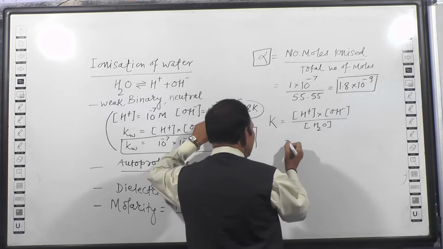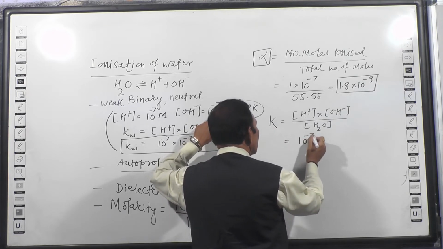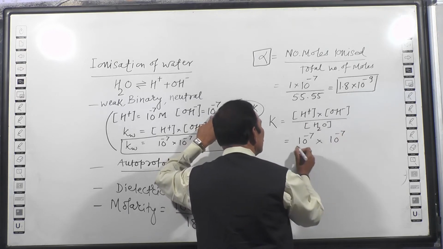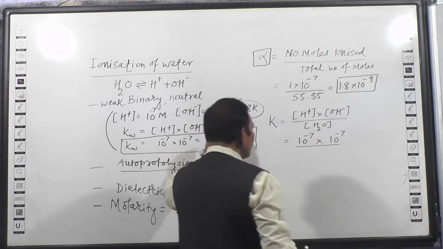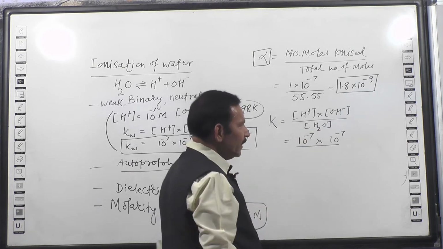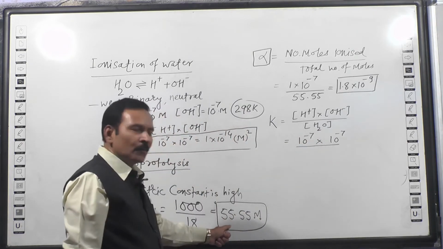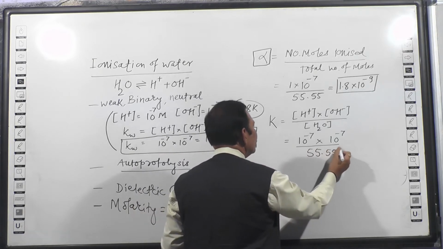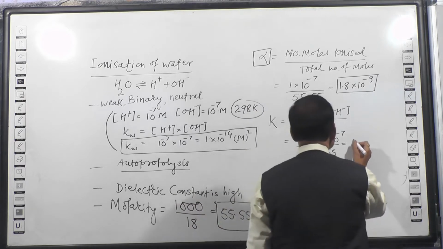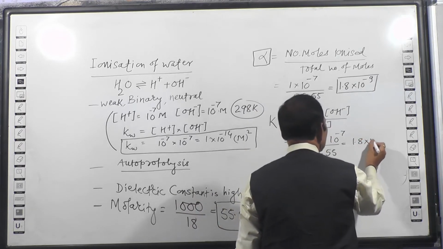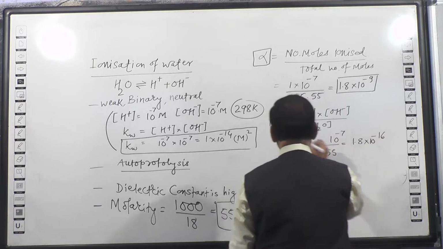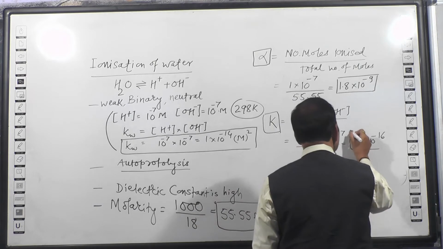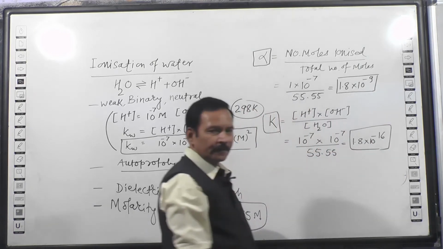So if we put in this formula 10 to the power minus 7 for H plus into 10 to the power minus 7 for OH minus divided by the concentration of H2O, we are taking 55.55 molar as the concentration of pure water. So this is divided by 55.55, and if you solve this, it comes to be equal to 1.8 into 10 to the power minus 16. So this is also one of the important properties of water that is to be remembered by all of you.